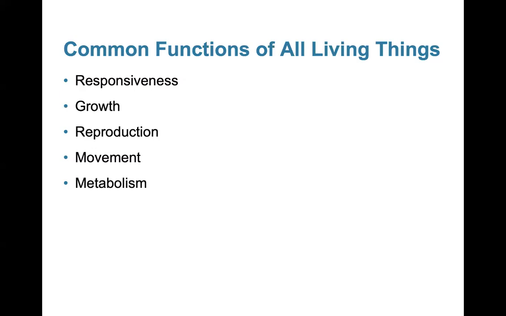Growth, this is physical growth of your cells, physical growth of the human body itself. You can look at this at multiple levels, whether it's just growth of an individual cell or growth of the whole organism as a whole. Reproduction, this is where you have cells that will reproduce to form new cells, but it's also reproduction of the species.